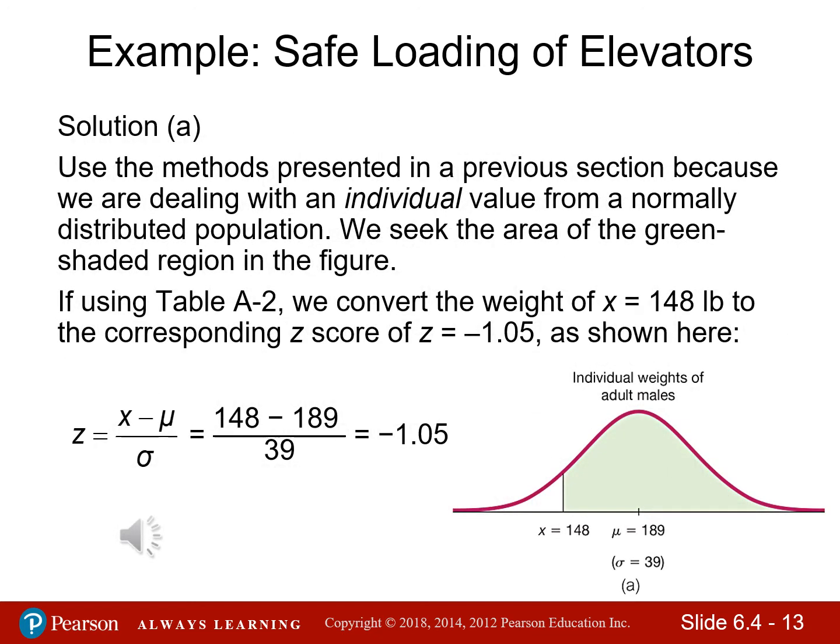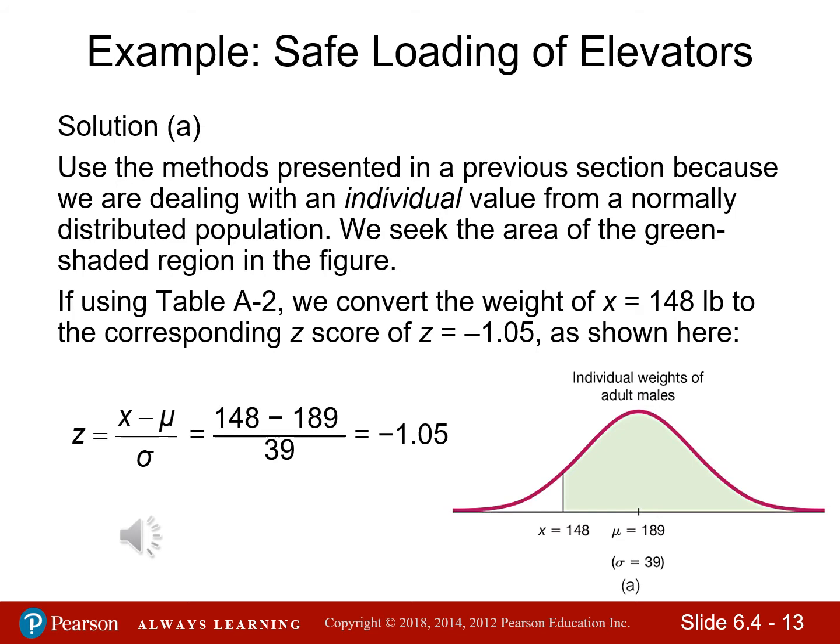Let's solve for part A. We'll use the methods presented in a previous section because we are dealing with an individual value from a normally distributed population. We want to find the area of the green shaded region of our graph shown here.